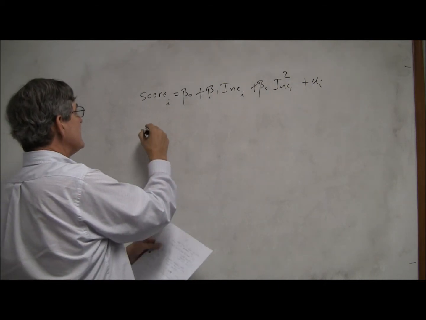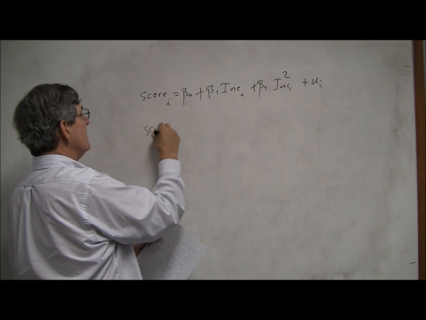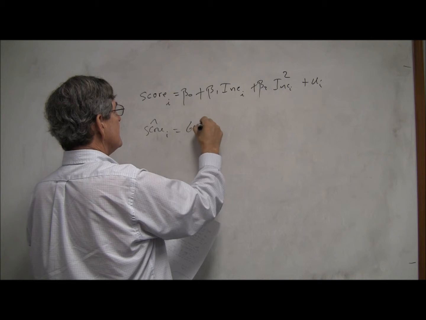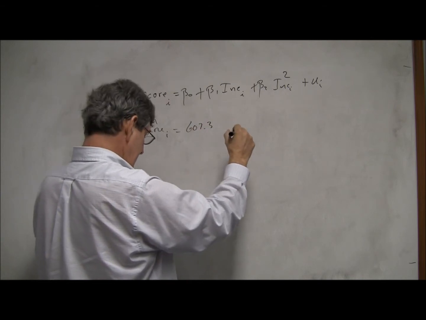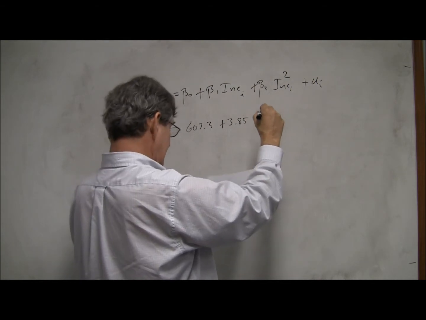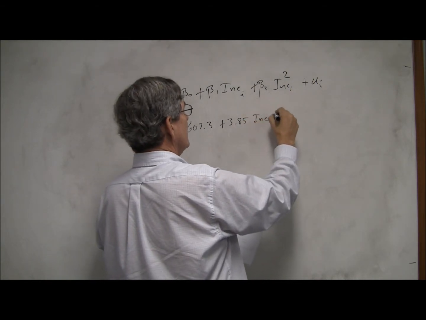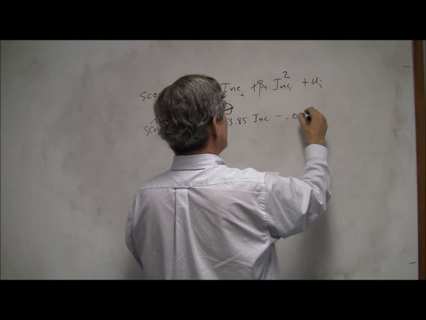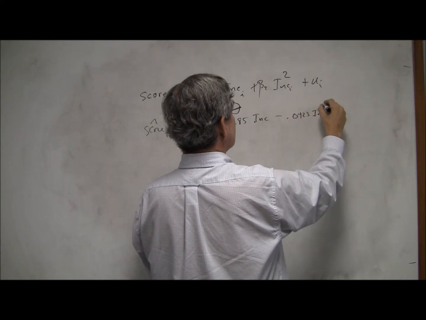But if you go ahead and estimate this, you'll get score hat is 607.3 plus 3.85 times income plus minus 0.0423 times income squared.